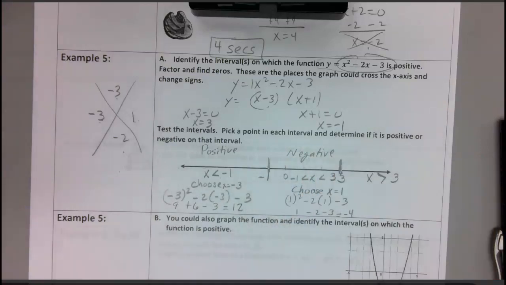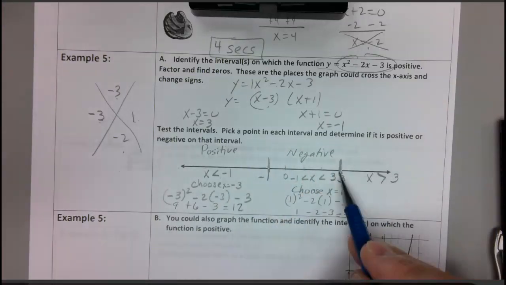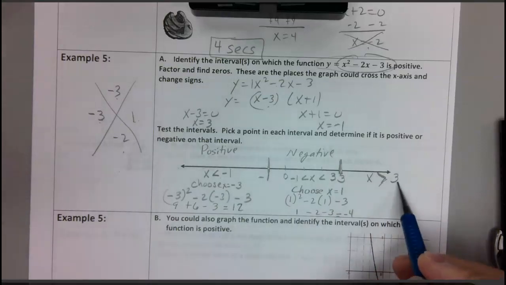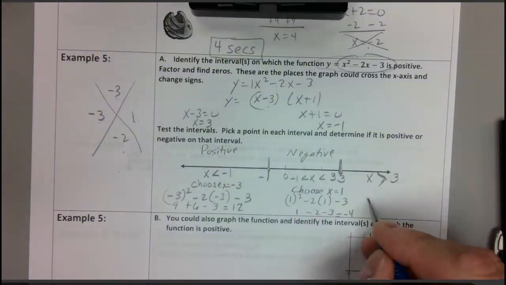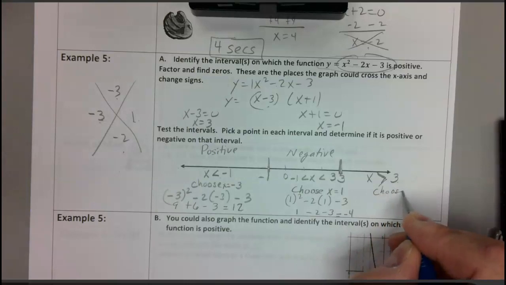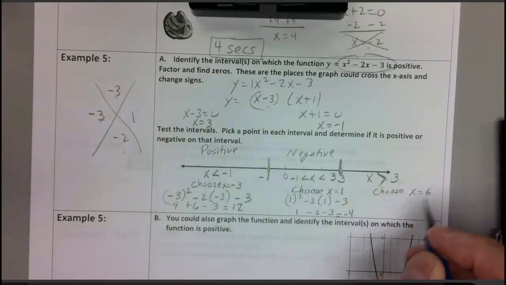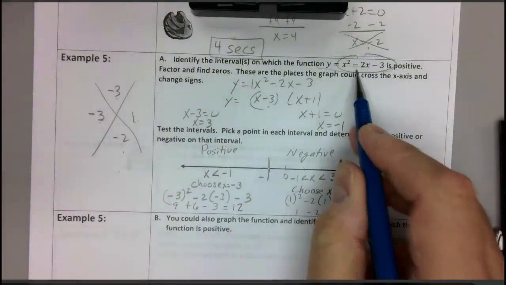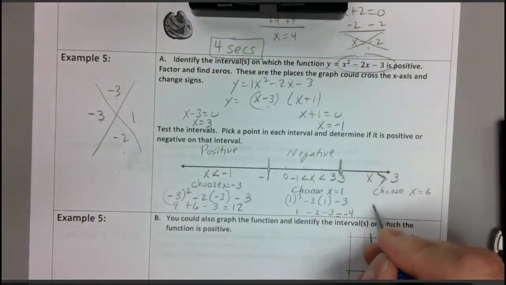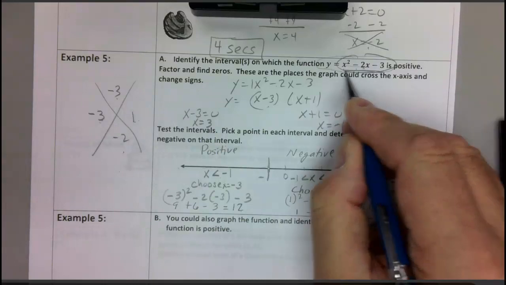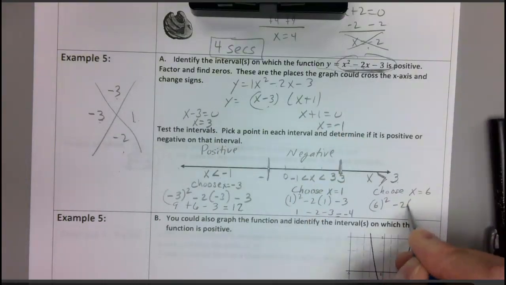Now we have the next interval, which is x is greater than 3. So I choose 6. You could choose 4, but I choose 6. X equals 6. I'm going to plug it into my quadratic equation. So 6 squared minus 2 times 6 minus 3.